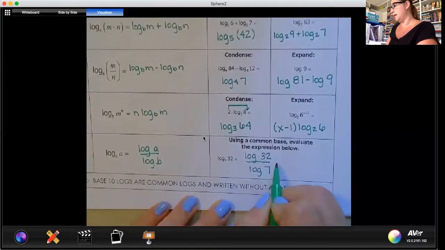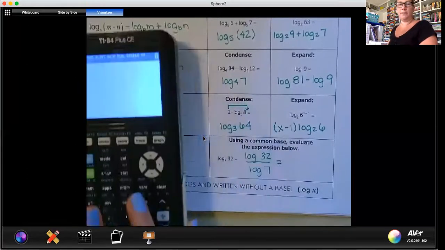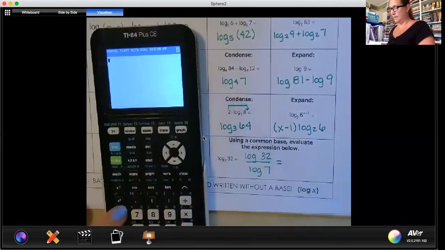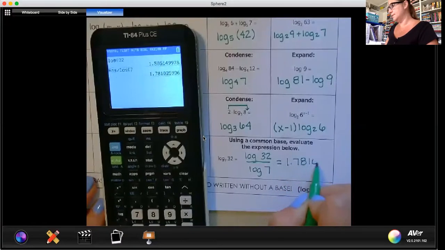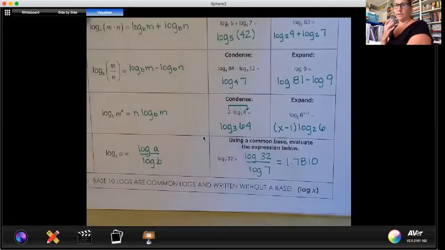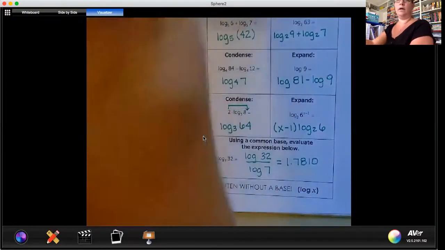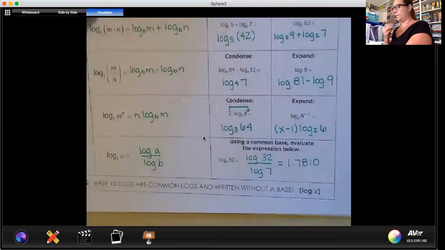And every time you hit the log key in your calculator, it opens a set of parentheses. So we would say log 32, enter, divide log 7, enter. And typically, you go to 4 decimal places. So this is a great graphic organizer to help you with whatever you need in terms of properties.